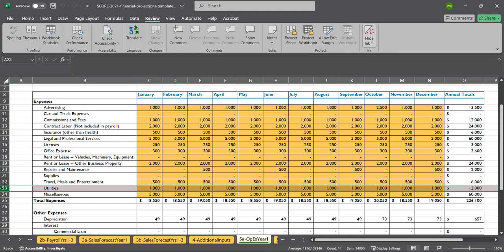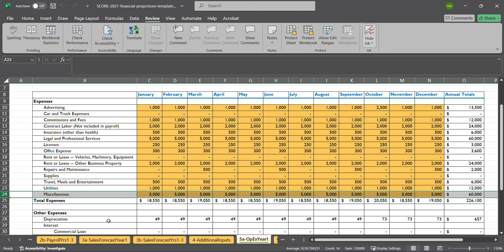Utilities, like water, power, internet, and waste, would fall under utilities. And then anything else that's relevant for your business, you can put under miscellaneous. So for me, one of the things that I put in here is trade.